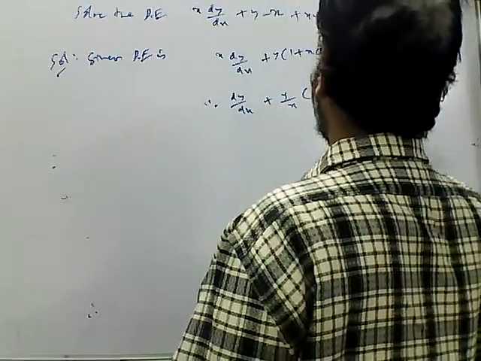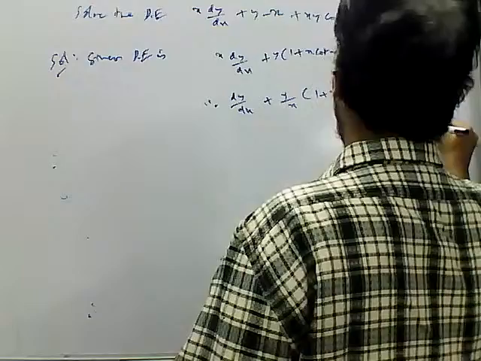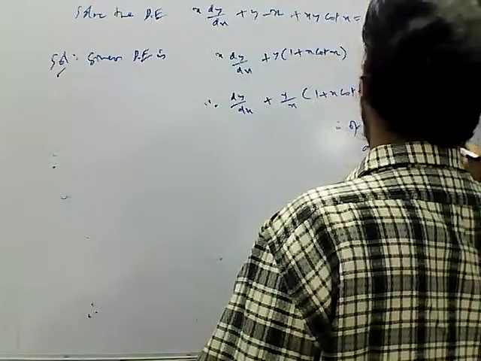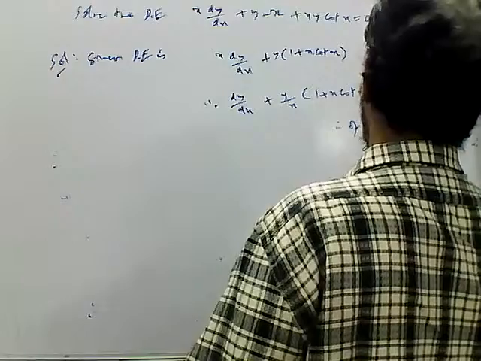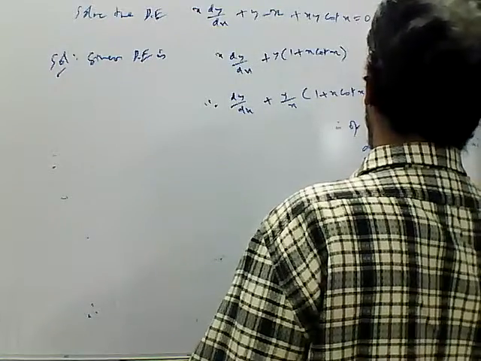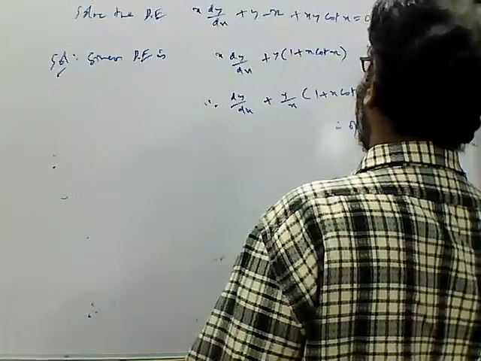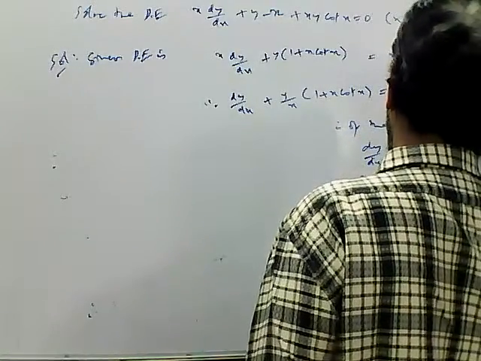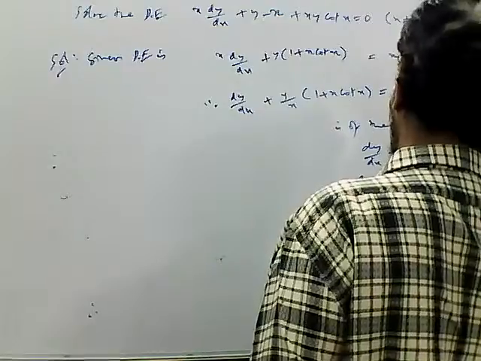This is of the form dy/dx + Py = Q, where P and Q are functions of x. P is equal to (1 + x cot x)/x, Q is equal to 1.